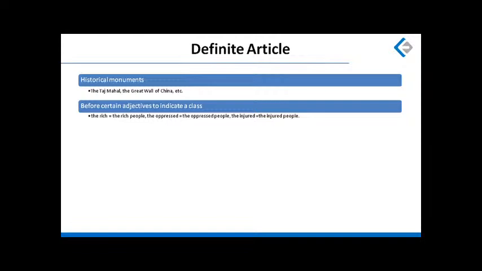If I do not use the definite article, then yes, my earlier usage, slow and steady wins the race, that usage is correct because I have not used the definite article. In that sentence, slow and steady refers to one person or one animal. But if I use the definite article, the slow and steady, it is going to become plural.